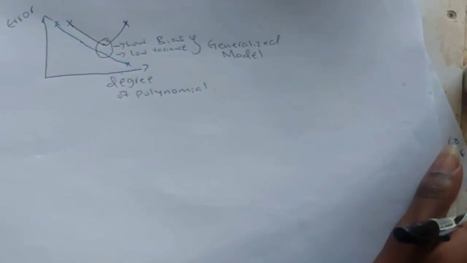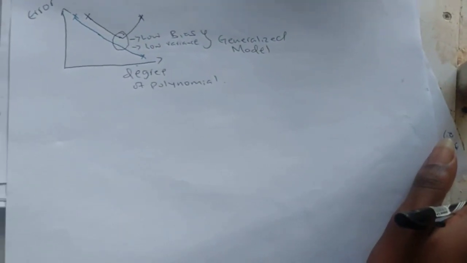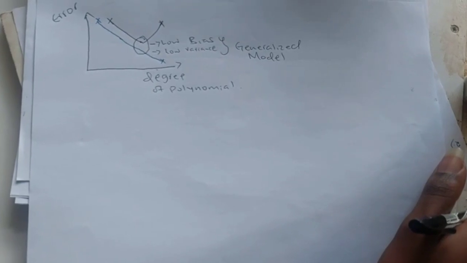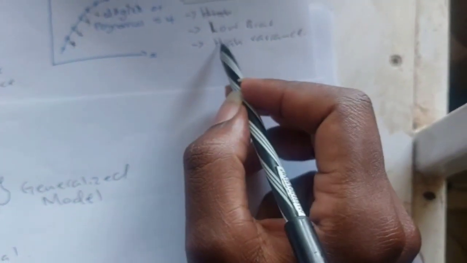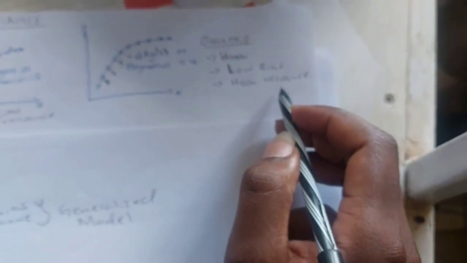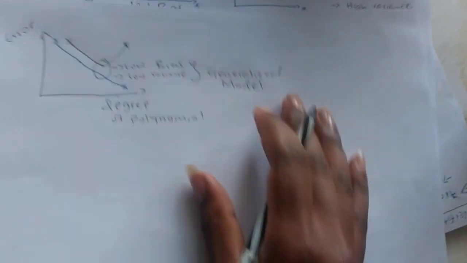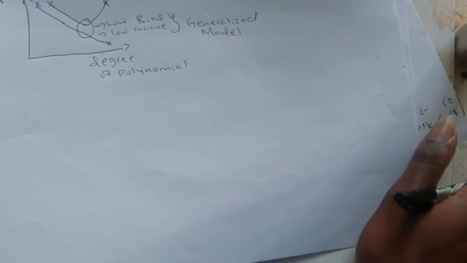There are various ways you can reduce that, maybe by pruning the decision trees or by using random forest. By using random forest, you are reducing this high variance into low variance. So by doing that, you will have sorted the overfitting condition. So see you in the next video.